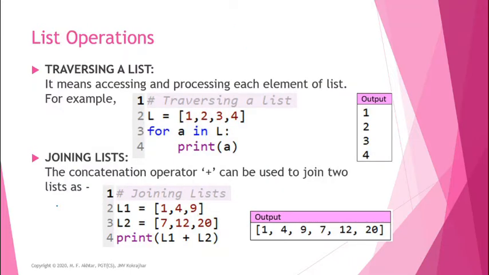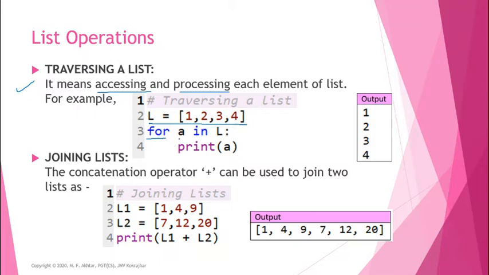List operations. How we can do some operations on lists. Traversing a list. Traversing means processing each and every individual object of the list. It means accessing and processing each element of the list. For example, we have created one list L and given 4 values 1, 2, 3, 4, and it is easier to traverse a list using a for loop.